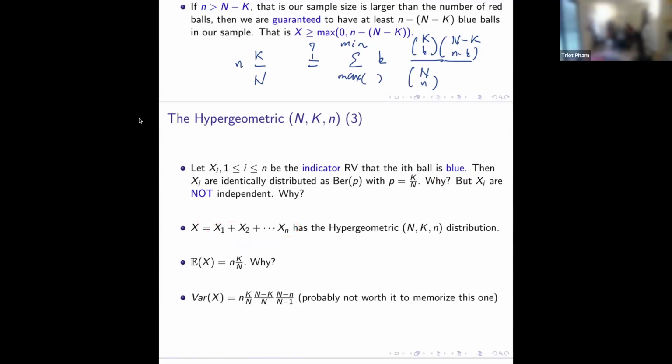And individually, each of them is still a Bernoulli because you just say it's 1 if it's blue, 0 if not, with success probability being the ratio of the blue and the total population.